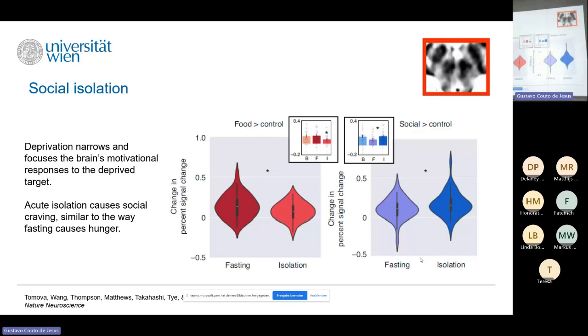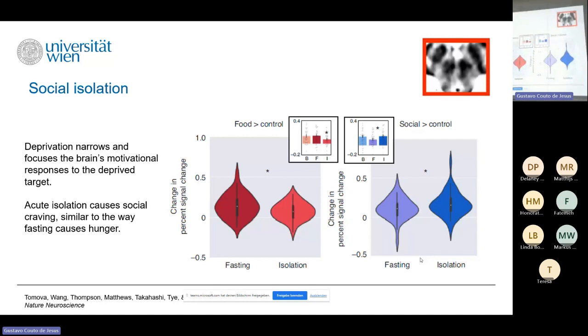And after social isolation, it was more sensitive to pictures of social stimuli. So you might say, well, that's not tremendously new. I would imagine that if you don't eat, you are sensitive to food. And possibly if you don't see anyone, you're isolated, you are sensitive to social stimuli. But it was the first time that it was looked at experimentally.